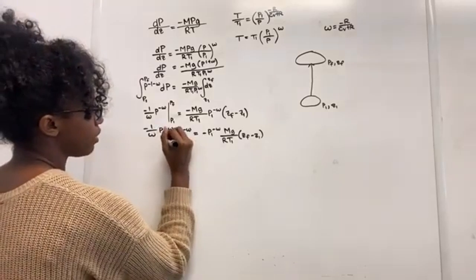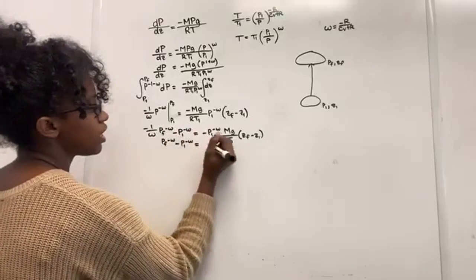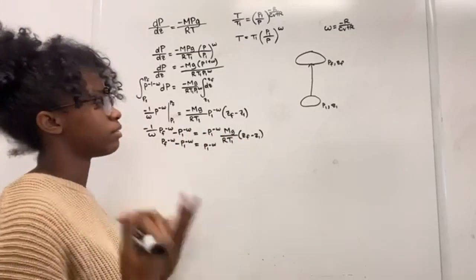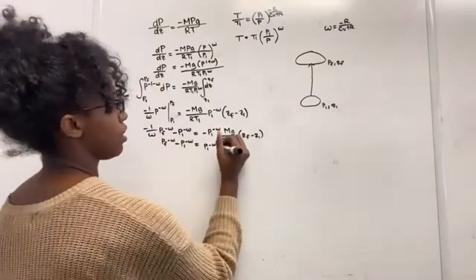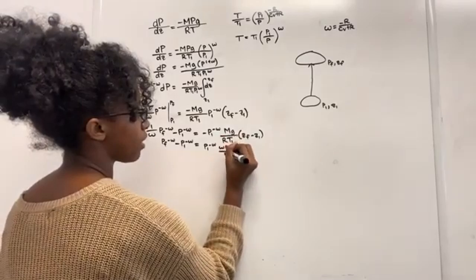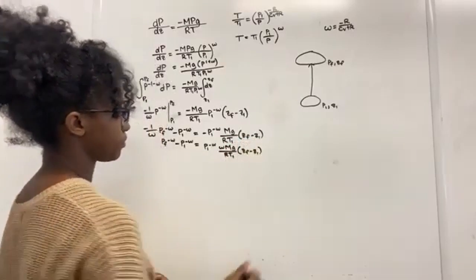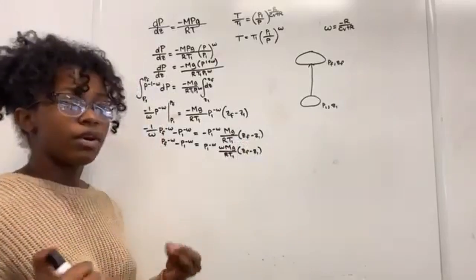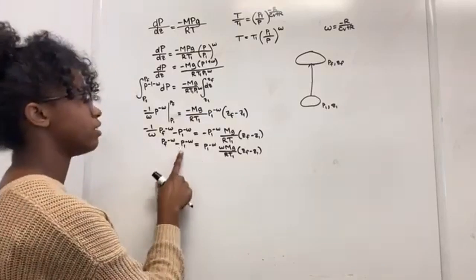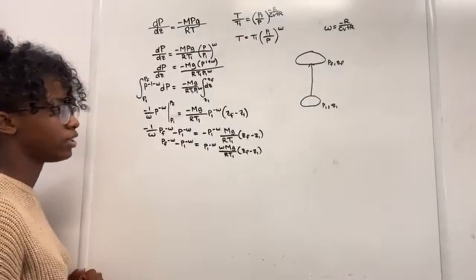And that leaves us with PF to the negative omega minus P1 to the negative omega is equal to P1 to the negative omega, and now we have to multiply our constants by omega, which is omega times mg divided by r times T1 times ZF minus Z1. And so now we're still doing basic algebra. We can add this P1 to the negative omega to the other side, since we already have one on the right-hand side.